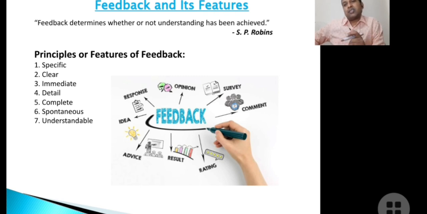When result will be published after the exam, then the result will be the feedback. The sender here, the sender is the student. He will write on the paper, and the paper will be evaluated by the teacher, and that evaluation, that is the feedback, will be given to the student. That is the feedback in return.